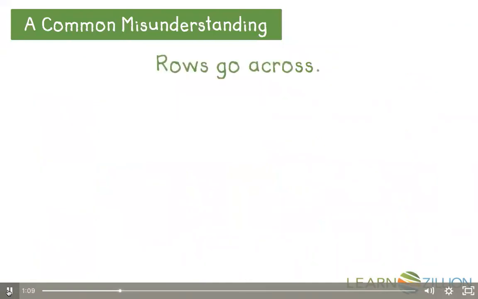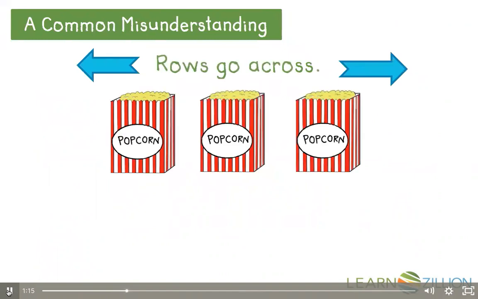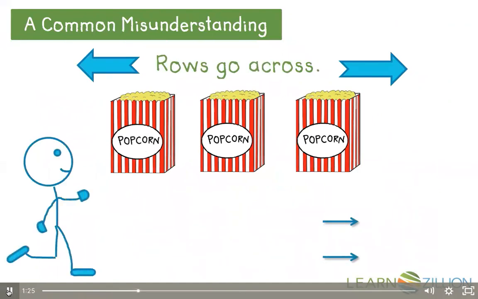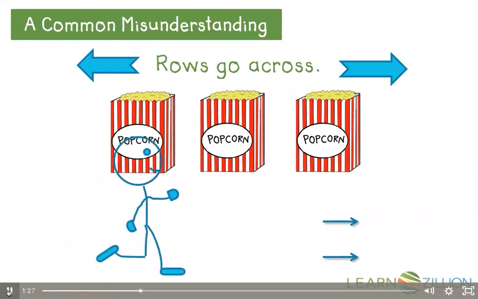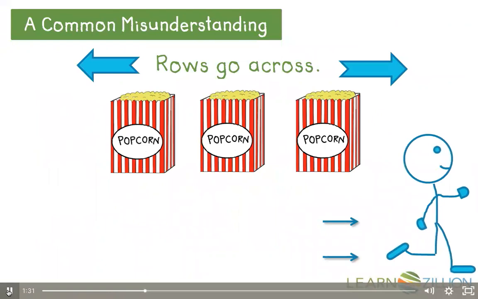We need to also remember that rows go across. Here I have 3 boxes of popcorn in a row. This rectangle has 2 rows. All of this popcorn has got me thinking about the movies. And at the movies, seats are arranged into rows.